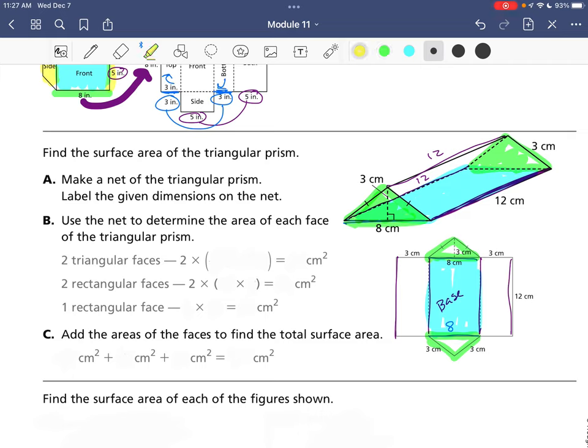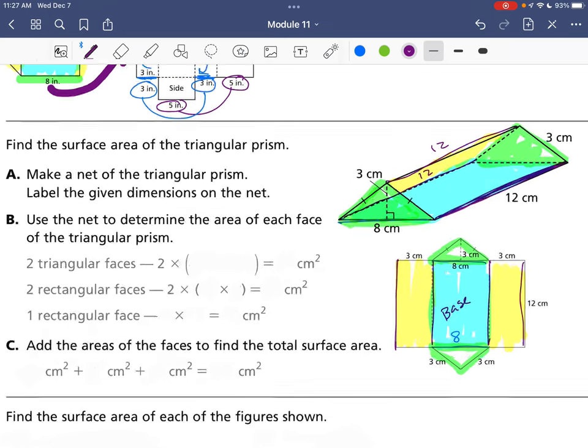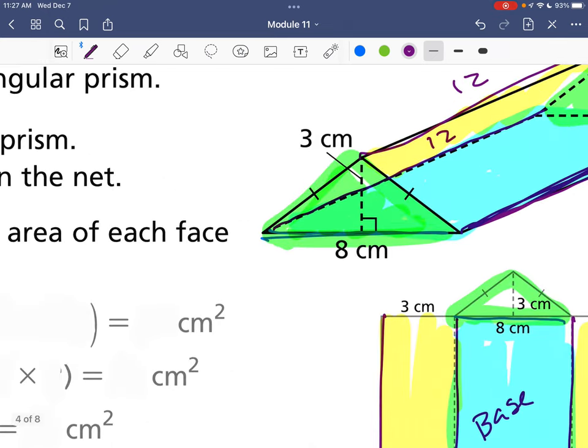Okay, so let's do this. We'll just do this as yellow, and then these will be our yellow parts too. Okay, so we have 3 rectangles and 2 triangles. The 2 triangles are gonna be the same amount because this is a right triangular prism, which, that right, I can point that out here for you.